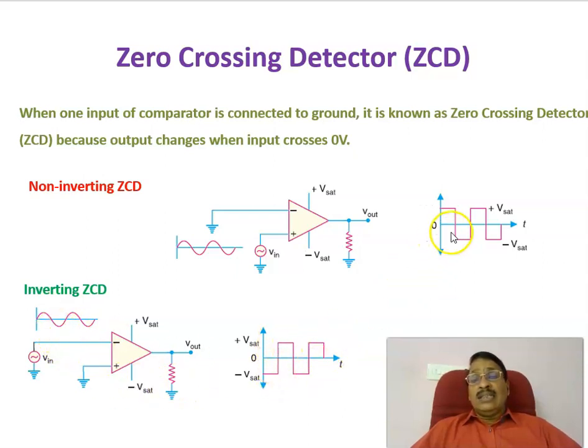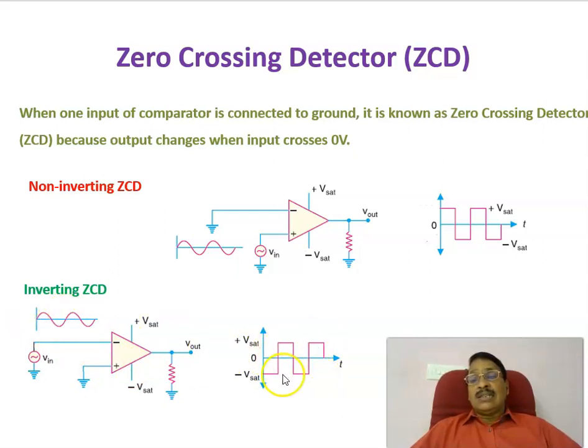That is just the inverted version of this one. So that is the inverting zero crossing detector, in which the input is given to the inverting terminal, and the reference point is grounded. You are comparing the magnitude of this voltage with respect to the ground voltage, and during the positive half cycle you will be getting minus Vsat, and during the negative half cycle you are getting plus Vsat.